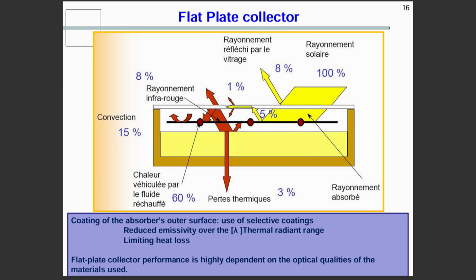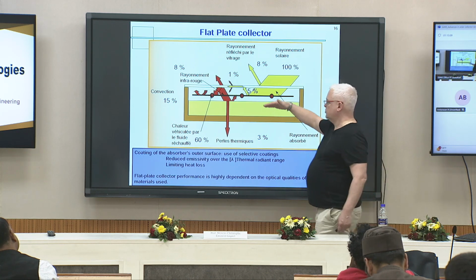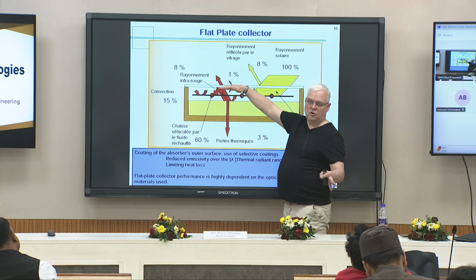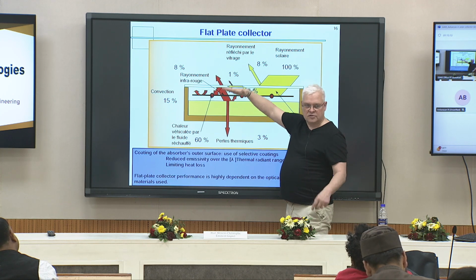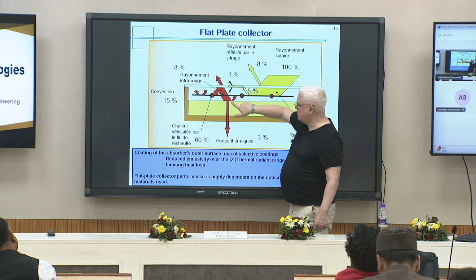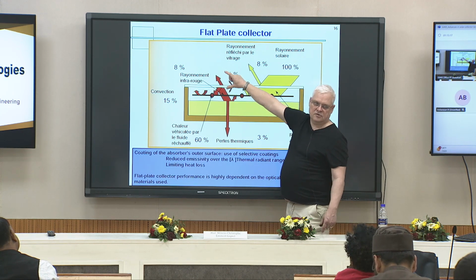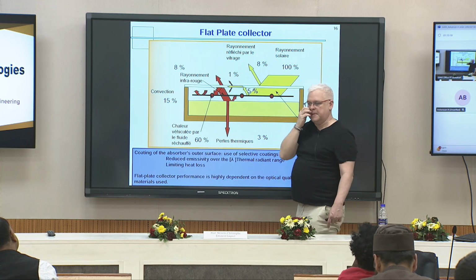You have 88% which is emitted by the absorber. The absorber is emitting in infrared. So the glass, which is opaque to infrared, will allow to keep the radiation inside, but there is a bit of loss of infrared radiation.